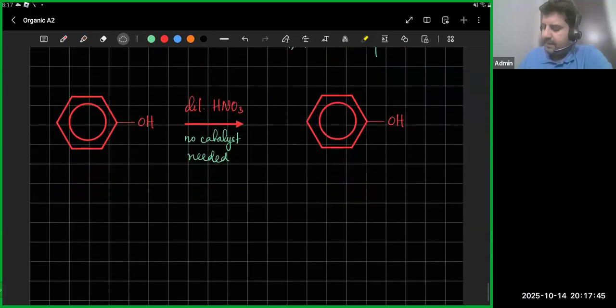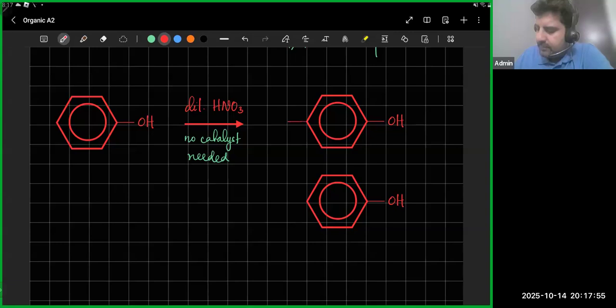So you're either going to get an NO2 at position number 4, which is this position, or you're going to get an NO2 at position number 2. So this one is 4-nitrophenol, and this one is 2-nitrophenol.